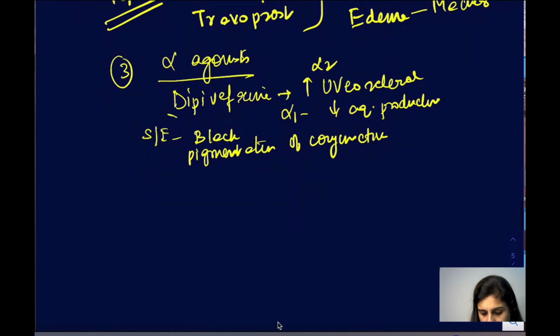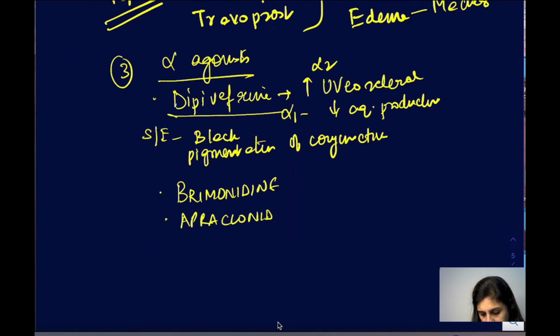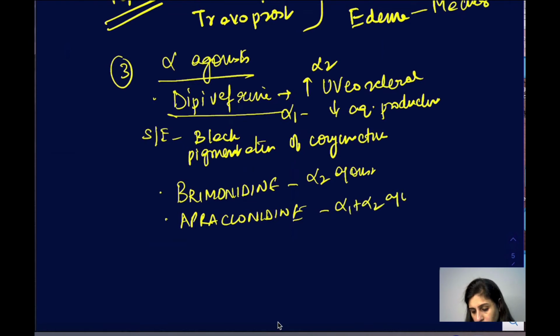Then the other drugs in this group are brimonidine and apraclonidine. Brimonidine is basically an alpha 2 agonist. Apraclonidine is both an alpha 1 and alpha 2 agonist, right?